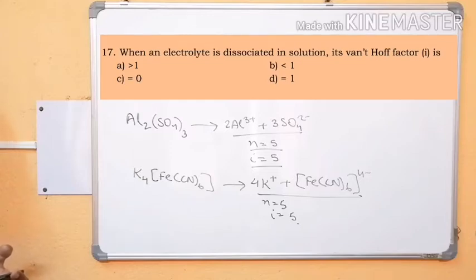For example, acetic acid, say benzoic acid, all these acids in non-polar solvent undergo dimerization. 2 molecules combine to form 1 molecule, and in that case the number of particles decreases. If the number of particles decreases, i becomes less than 1. So here, since dissociation is being asked, i will be greater than 1, that is option A.